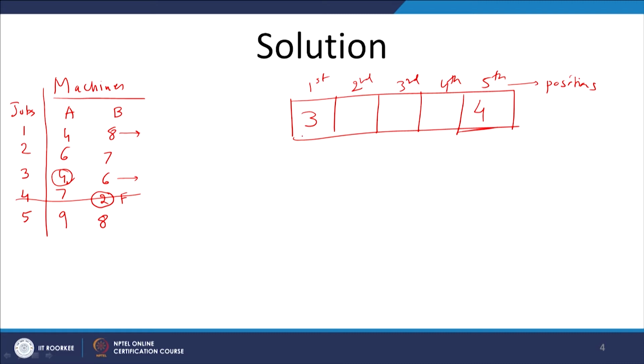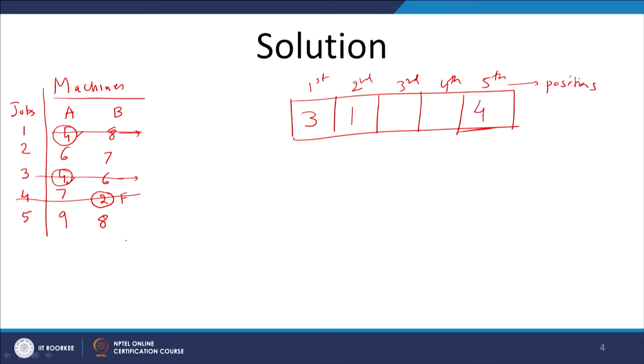Then comes the second, the tie. The tie, as you can see, is over here at the first job, and it is on the A machine. So, therefore, job 1 will come at the second position. Again, for the remaining ones we have to see which one to do. This one is crossed off, this one is crossed off.